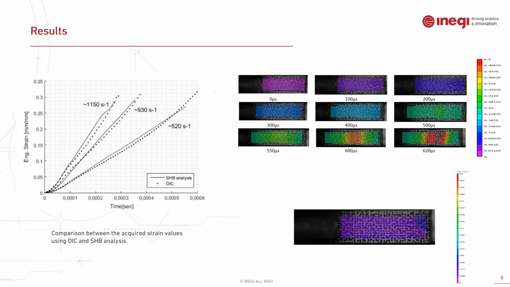Here you can see the comparison between the strain values acquired using digital image correlation and with the classic split Hopkinson bar analysis.